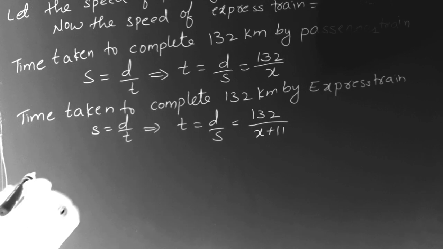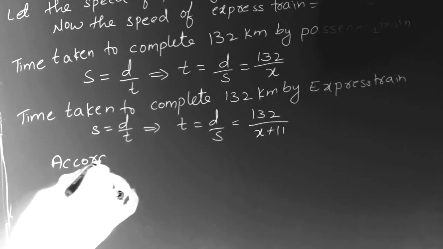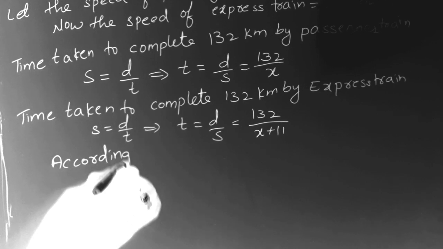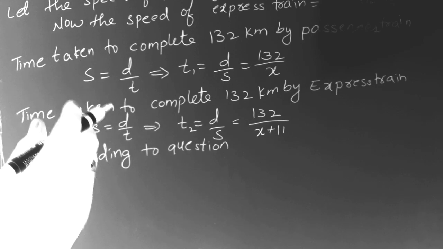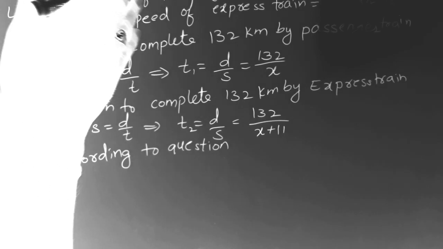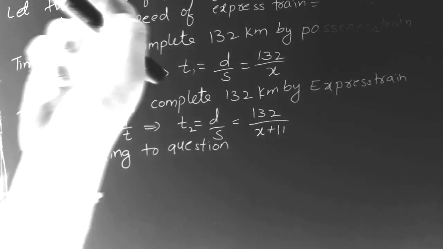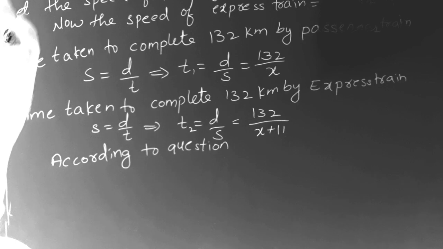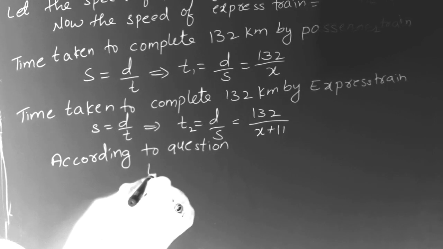Now, according to the question, the difference of their times is 1 hour. It is given in the question that the passenger train is taking 1 hour more to complete the journey. So here the time difference is 1.